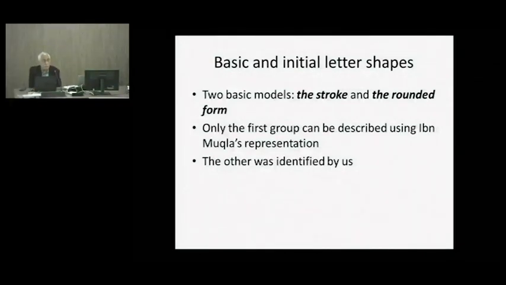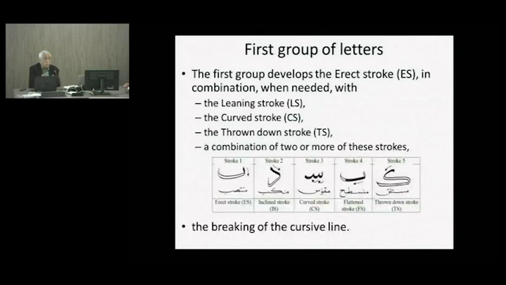Now, I said there were a small number of shapes. You have the stroke and the rounded form. And that's almost all. The stroke was identified by Ibn Muqla, and the rounded form was not identified, so I presented it myself.